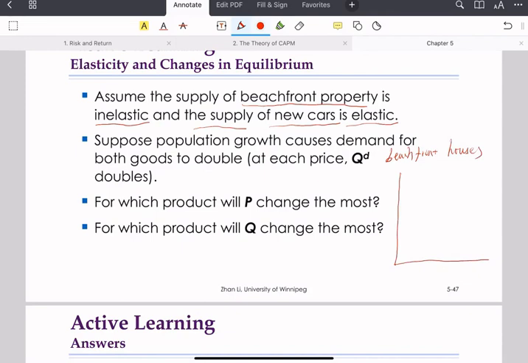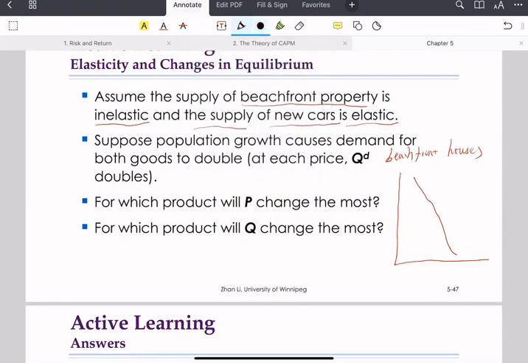Let's draw the demand curve like this, and let's draw the supply curve for beachfront houses.